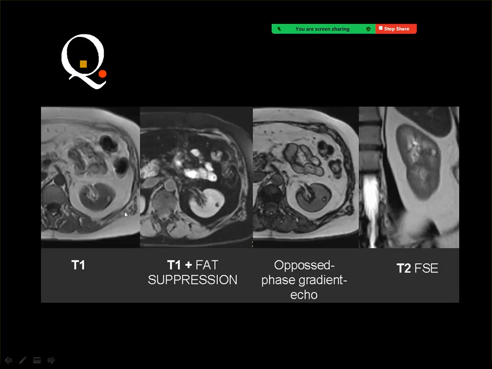And this is the appearance of the lesion in the T1 and T1 fat-suppressed images. And this is the out-of-phase image. And this is the T2-weighted images.